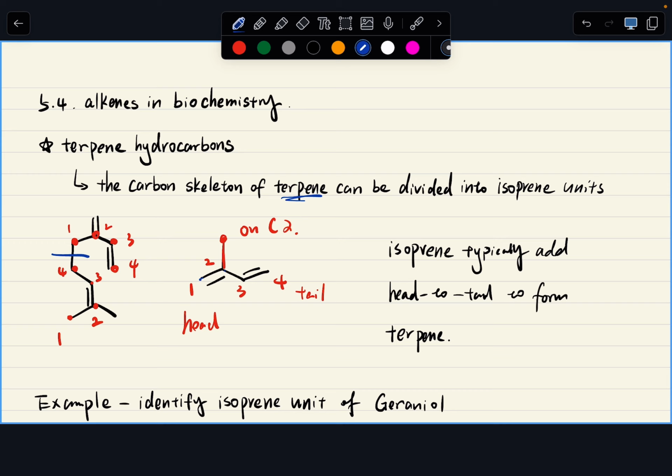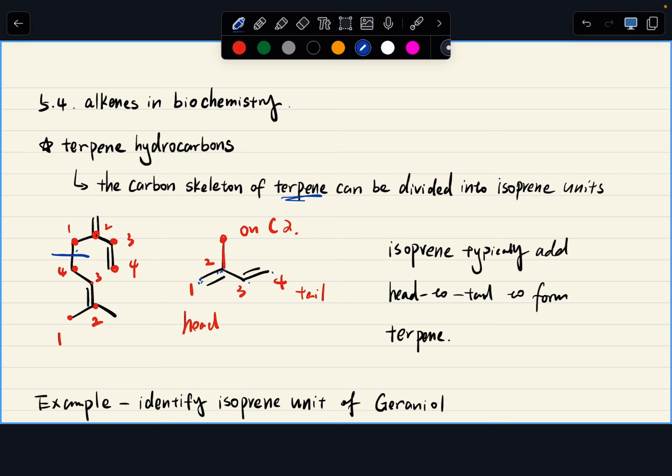Isn't the one supposed to be on that double bond? This one is on the double bond. 1, 2, 3. Yeah, and then in your terpene, is the one in the correct spot? Oh no, okay, so in terpene, our numbering is independent from the IUPAC numbering. These are two different things, so don't mix them up.